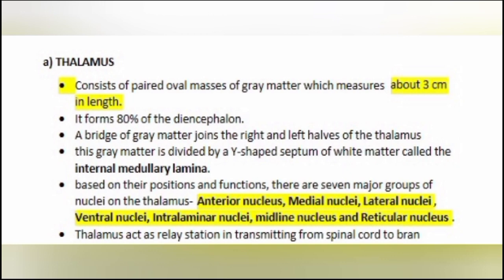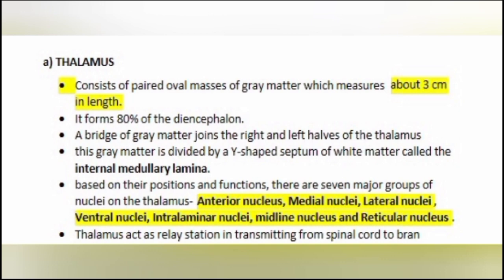The thalamus is a paired, oval-shaped grey matter. You can note down this thalamus in that picture. A bridge of grey matter joins the right and left halves of the thalamus.